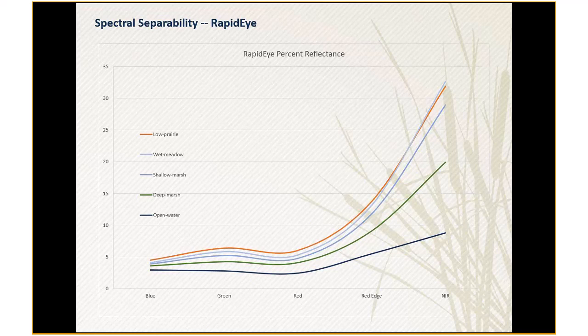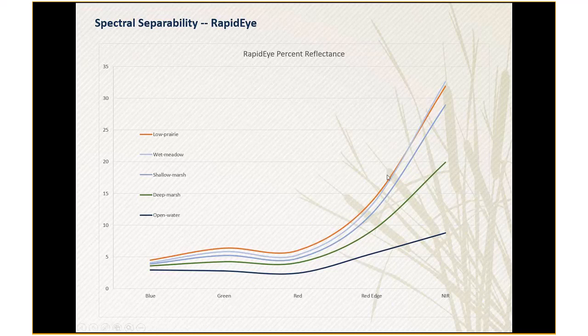to take our field observations of wetland communities and see in each image source whether or not we can reliably separate out these communities spectrally with the imagery. The RapidEye data, actually pretty decent separability of our target classes.